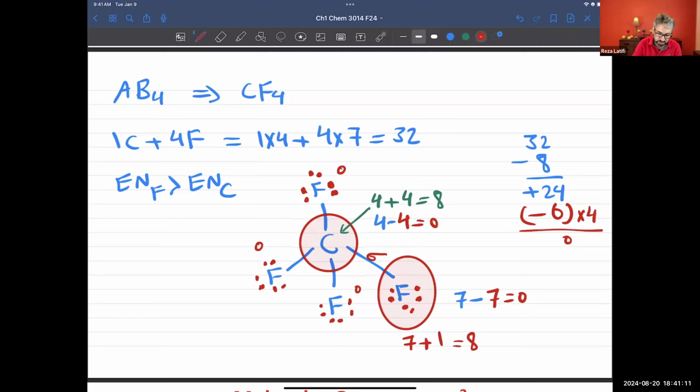So the formal charge, again, will be 0. And if you add all the formal charges, the answer is going to be equal to 0. Why? Because CF4 has no charge, which means the charge is equal to 0.